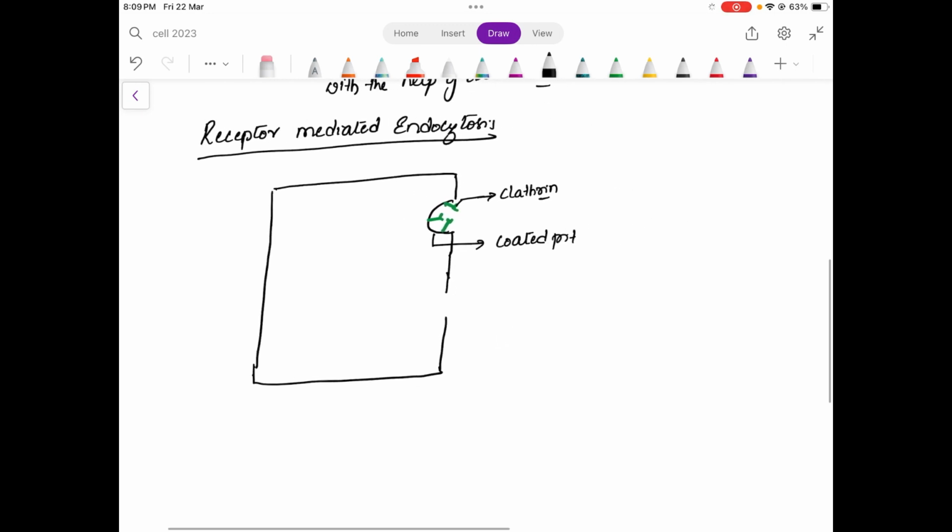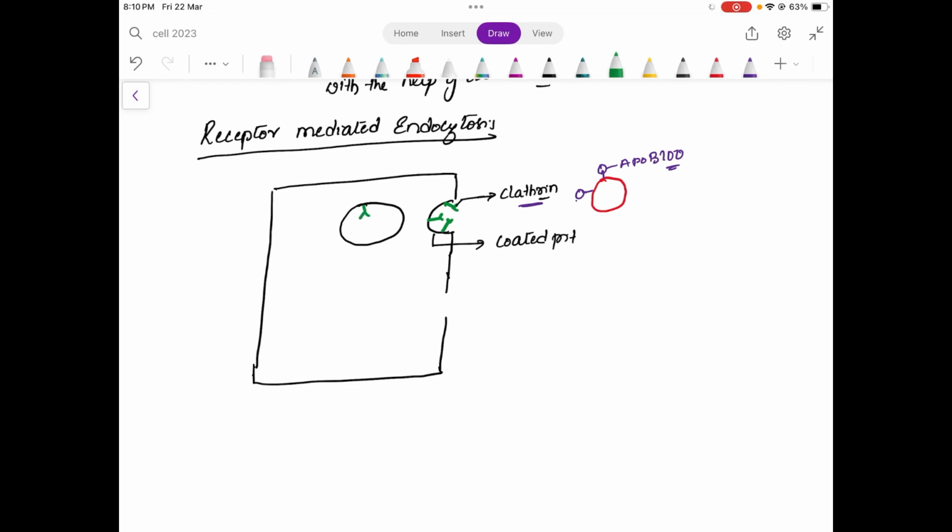This LDL will contain ApoB100, and this ApoB100 is recognized by these clathrin receptors. So whenever LDL molecule comes to the cell, this ApoB100 will bind with the clathrin receptors, and they will form an LDL clathrin complex. And this complex is internalized along with the LDL molecule.